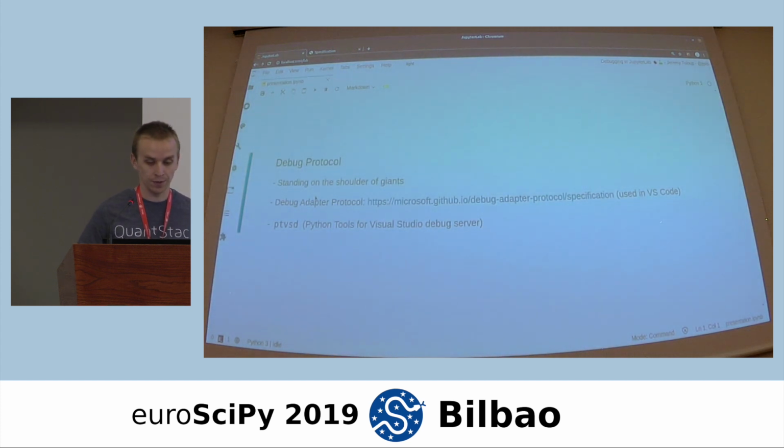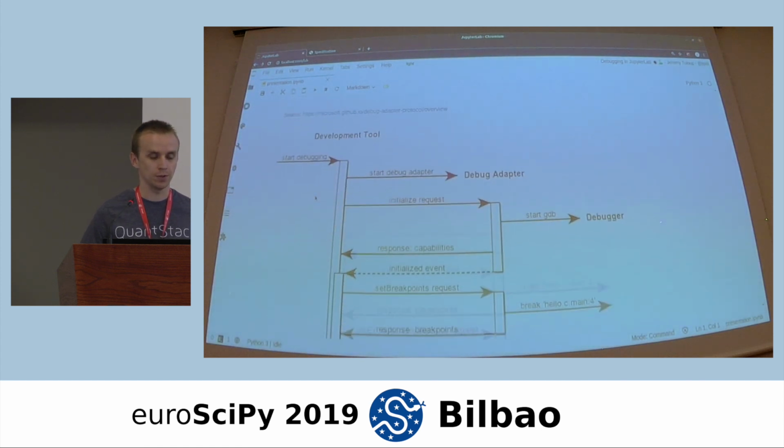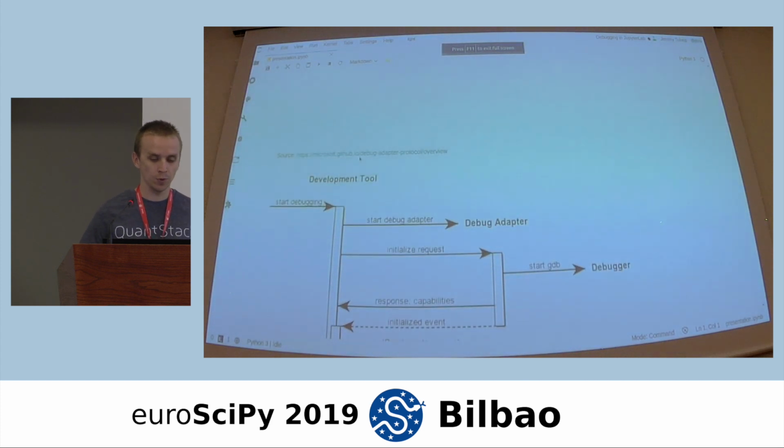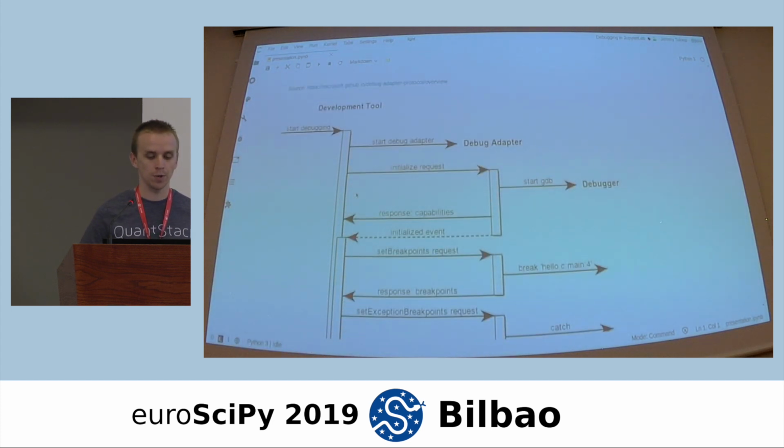And again, what's great is that we can actually ignore all of this part on the right and only focus on the left side. So if we want to make a debugger extension for JupyterLab, we only need to be able to speak the debug adapter protocol and basically just send initialize requests, set breakpoints, and so on. And if we want to have support for other languages and other kernels, then there is nothing to change because the protocol is already there.